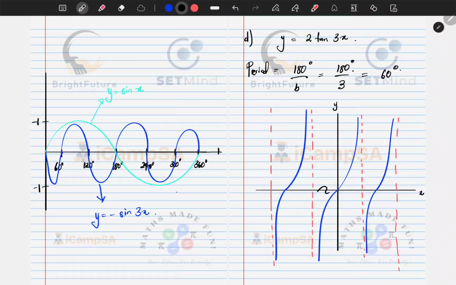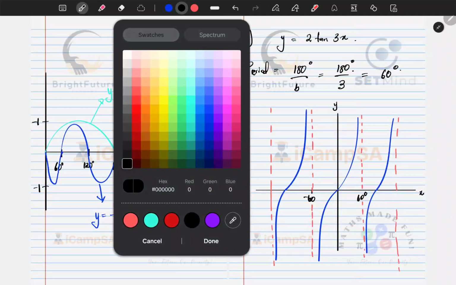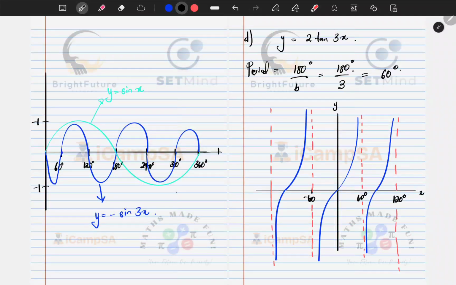So this will be your 60 degrees, negative 60 degrees. In fact, this is what we should do. Negative 60 passes through here, and the same is true here. That's going to be your 60 degrees, and then this will be your 120, and this will be your negative 120 as well. So this will be your graph.